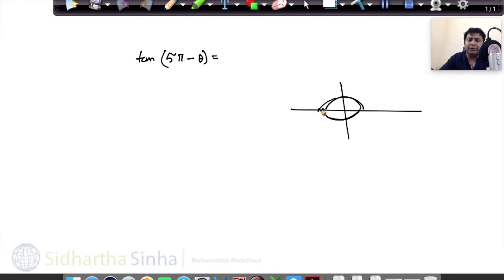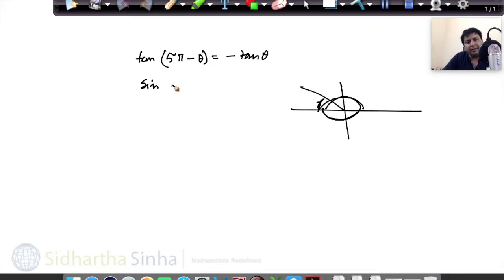So at 5 pi you are here, minus theta, so go back clockwise. In which quadrant are you standing now? You are standing in the second quadrant, so minus tan theta.